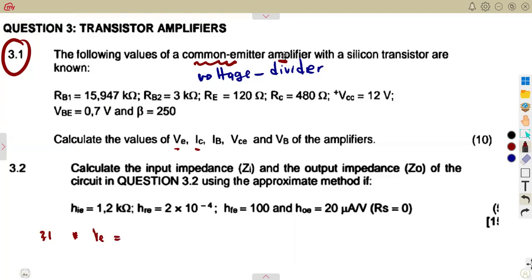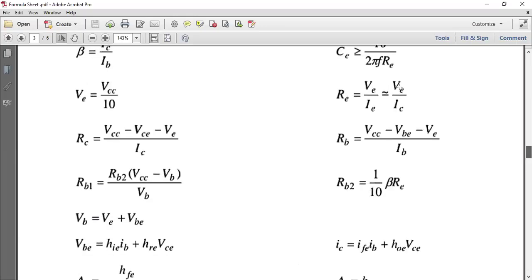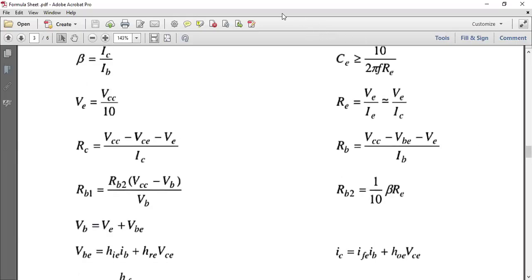From our formula sheet, we are given these calculations for VE from RE. If you consider RE, RE is equal to VE over what? Over IE, which approximates to VE over IC.